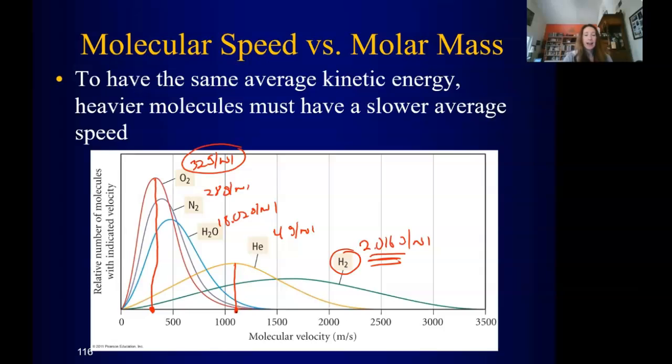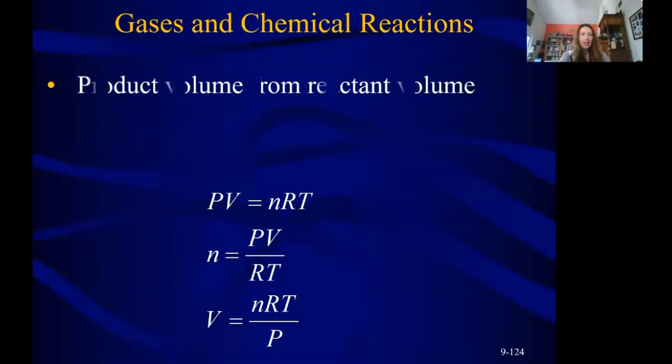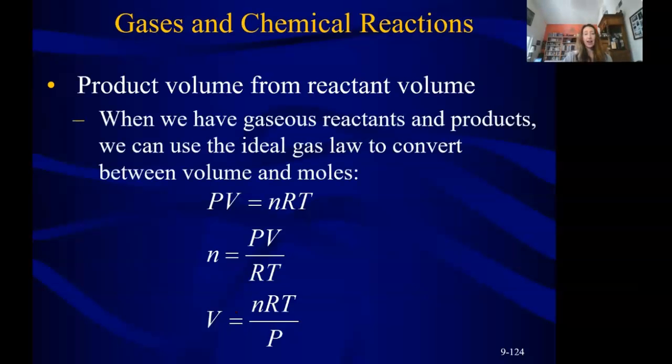Okay, now to gases and stoichiometry. We're going to be using the ideal gas law all the time now. Remember, I taught you how to get through all the other gas laws through the ideal gas law, but today we're really going to be talking about the ideal gas law. The most important thing we're going to be seeing is that if we have something and we want something else, we know we've got to do a mole-mole ratio somewhere, right?